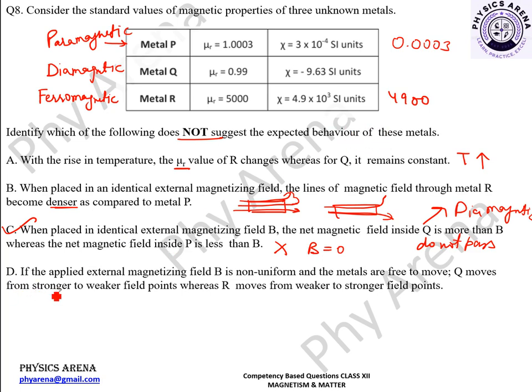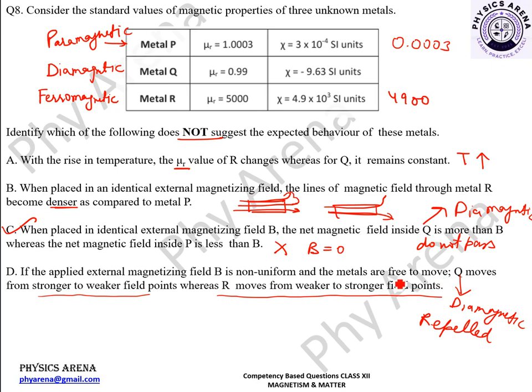Let's examine D as well. If the applied external magnetizing field B is non-uniform and the metals are free to move, Q moves from stronger to weaker field points, whereas R moves from weaker to stronger field points. It is true because Q is a diamagnetic material, and a diamagnetic material is repelled by the applied magnetic field.